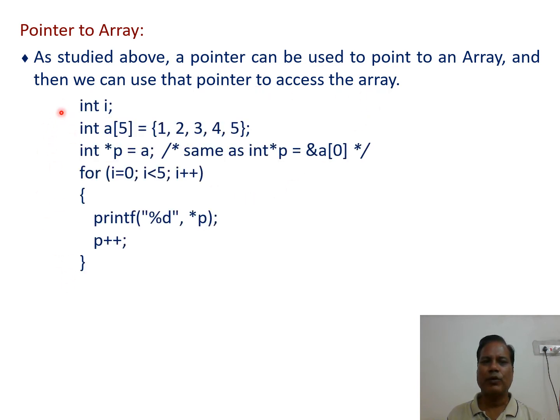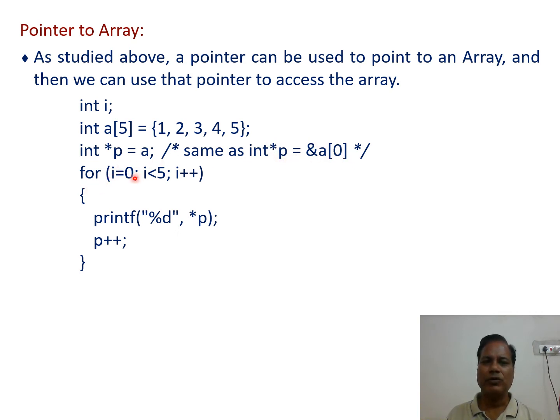In this example program, the first statement declares integer variable i, the second statement declares integer array A that contains 5 integer data, and these 5 integer data are initialized by writing these data in open and close braces ending with the semicolon. int *p = A. The address of A is assigned to the pointer variable p, same as int *p = &A.